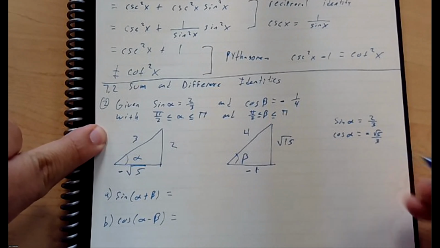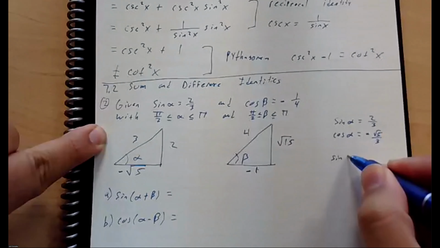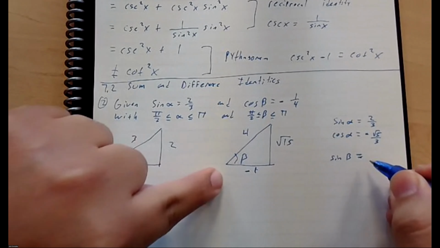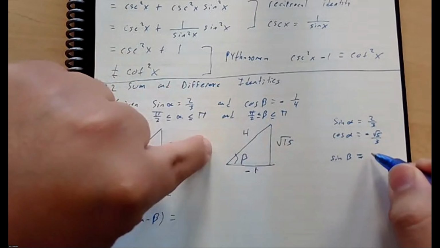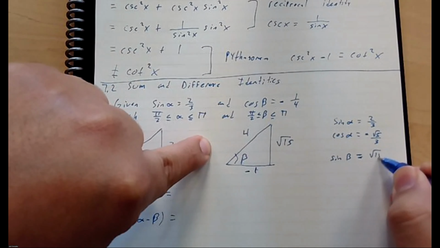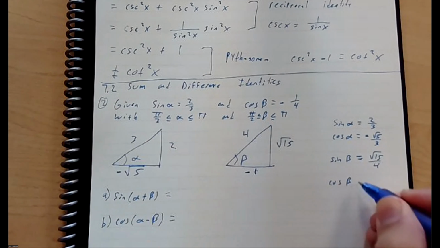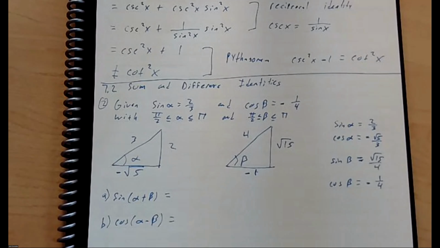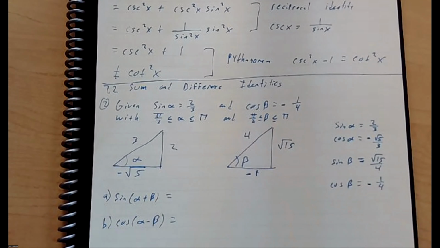We were given cosine beta, which is -1/4, and sine would be this guy. Anyway, it's all here in the triangle, right?